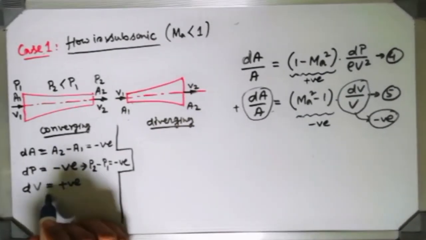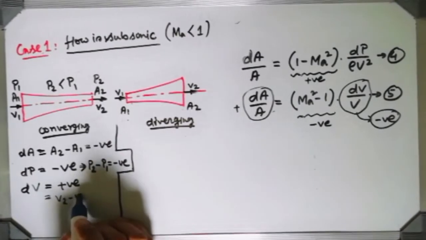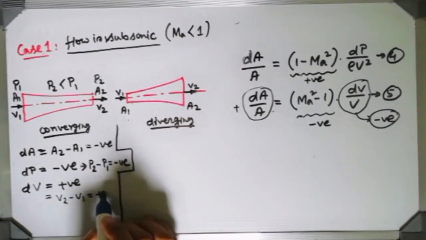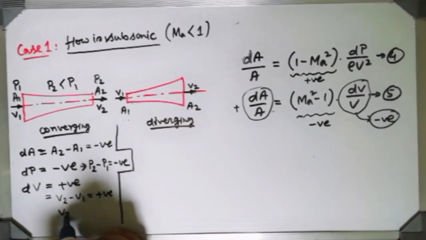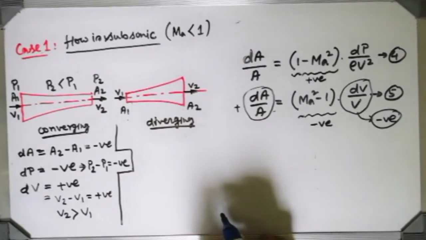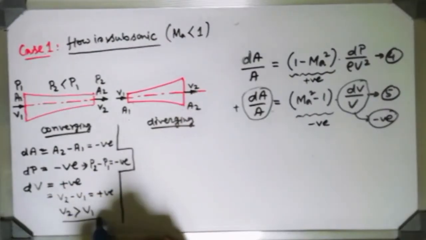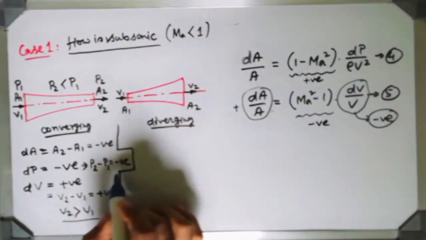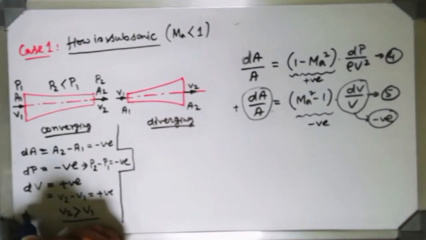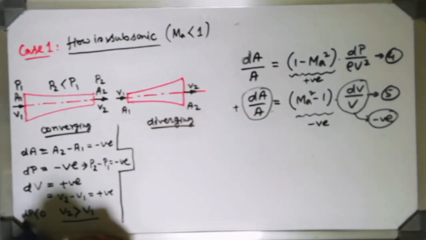Velocity change positive means V2 minus V1 will be a positive value. That means V2 is greater than V1. So for a converging section, velocity increased and pressure decreased. dP is less than 0.